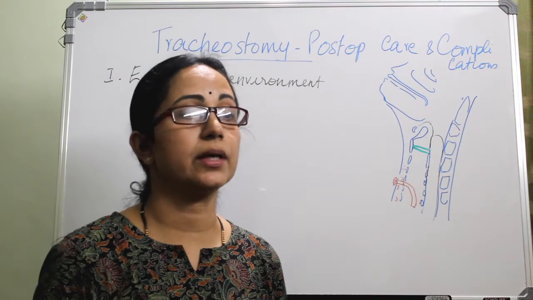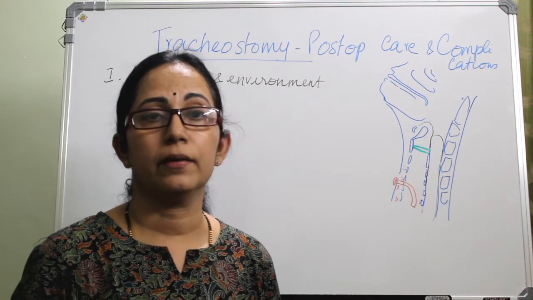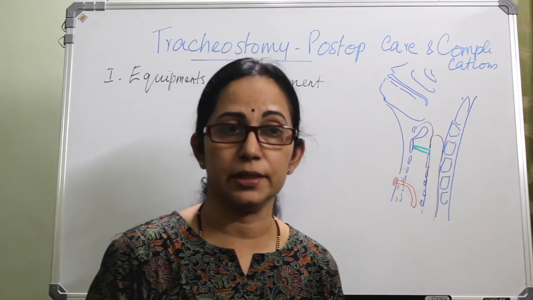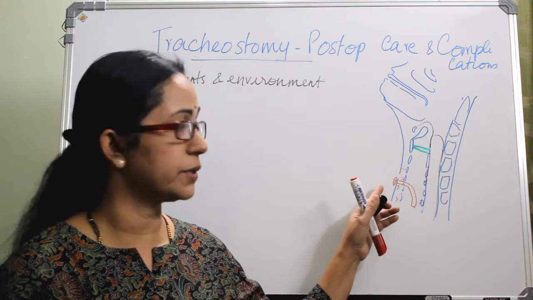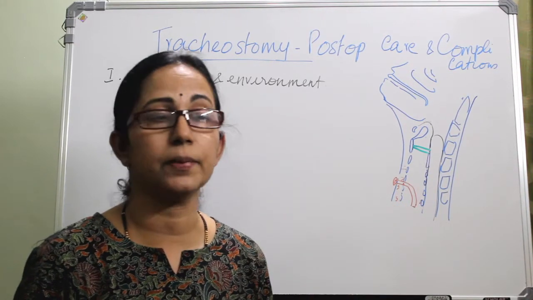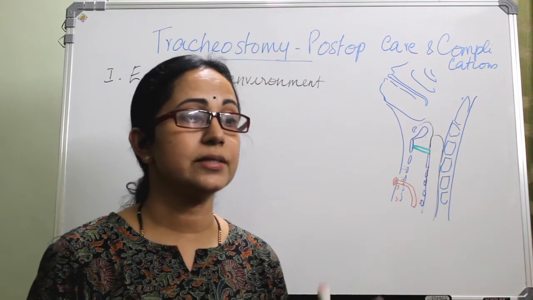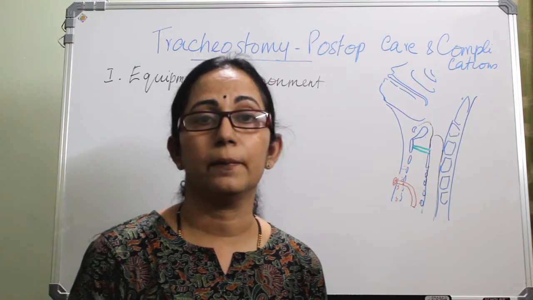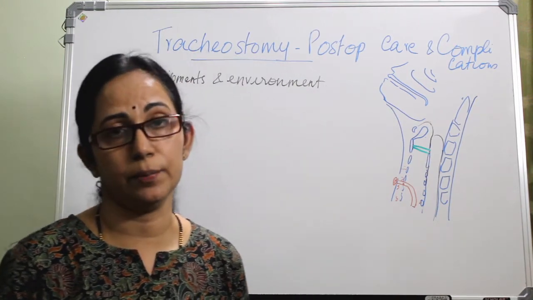If possible, you can keep the patient in the first post-operative day in the ICU itself with a tracheostomy kit nearby, because at any time there can be a chance of obstruction of this tracheostomy tube. So a tracheostomy kit should be available, and also oxygen, suction and monitors with all parameters, and also the alarm set. That is very important.